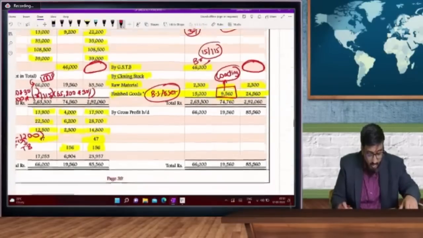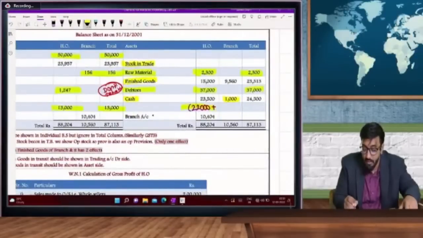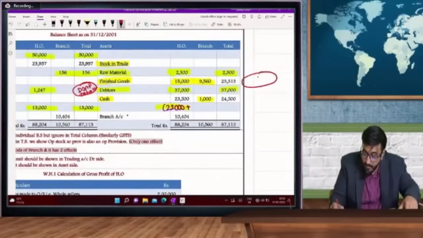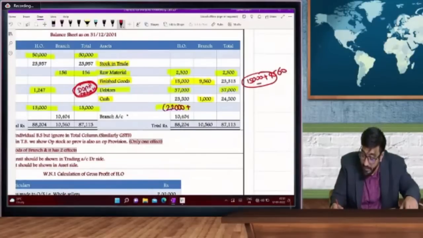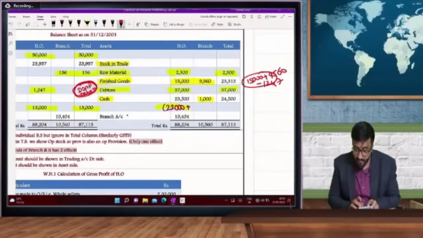So balance sheet asset side you are going to record this finished goods, but remember 23,123, this total, how you are getting the total? 15,000 plus 9560, and don't take total 1247 of stock reserve in total column, but it will be reduced from this stock. And now check the answer. You are getting 23,113.